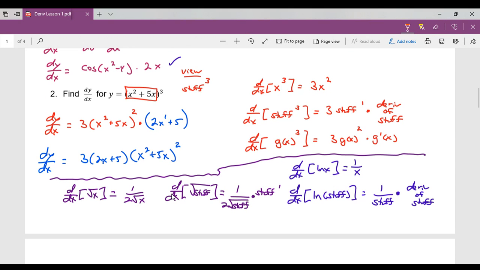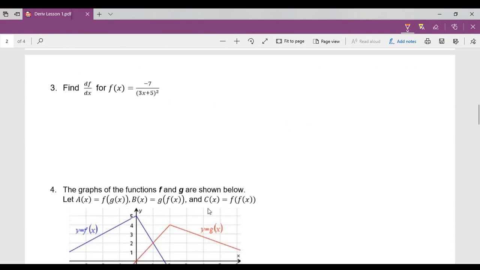So they'll say the derivative with respect to x of radical u, where u is a function of x, what's that going to be? Well, it's going to be 1 over 2 radical u times the derivative of u. And since u is a function of x, it'd be times du dx. That's a more fancy way of saying what I'm saying over here. All right, let's keep going. Trust me, it will make sense.